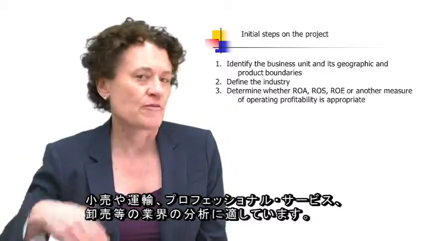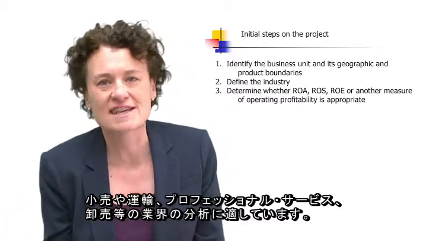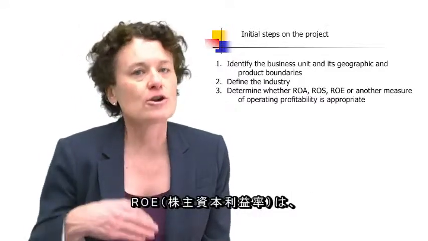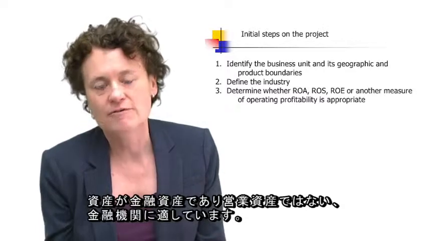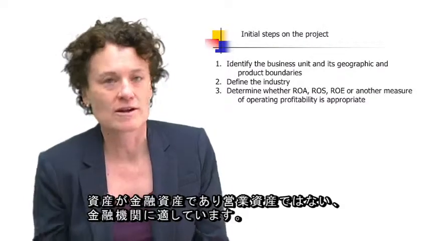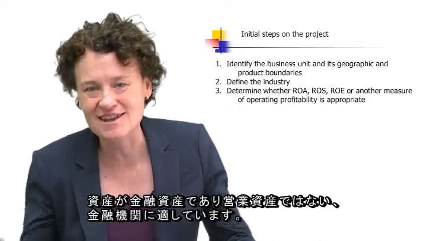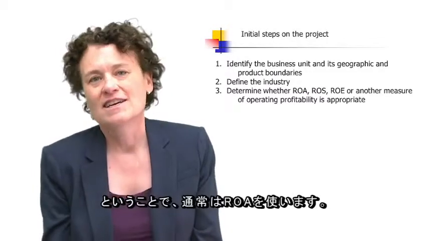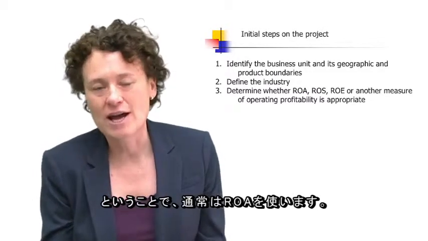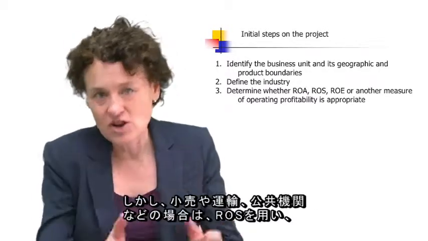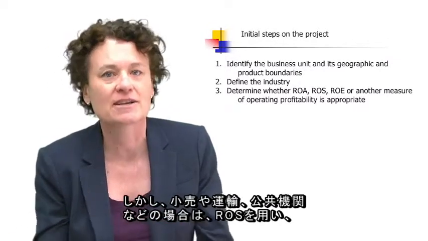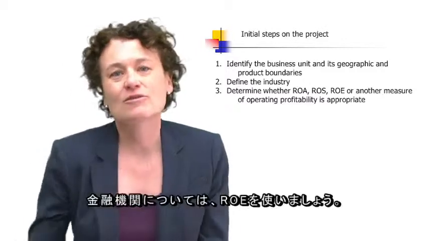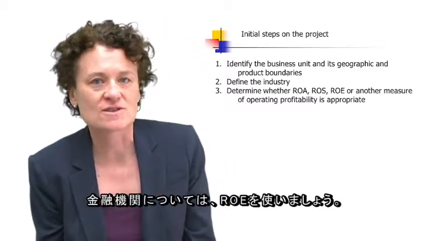It's also useful for professional service firms or resellers, that kind of thing. ROE is an alternative that's very appropriate for financial institutions where assets are financial assets, not operating assets. So in general, the default is ROA, but you would use ROS for retail, transportation, governmental institutions, and so on, and return on equity for financial institutions.